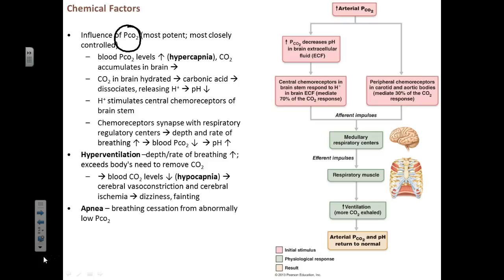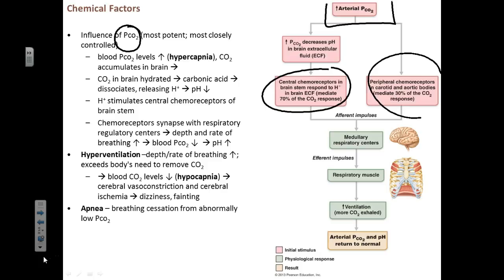When carbon dioxide in tissues, or subsequently in the blood, goes up, it is sensed by the chemoreceptors in the brainstem and in the periphery. It is immediately sensed.